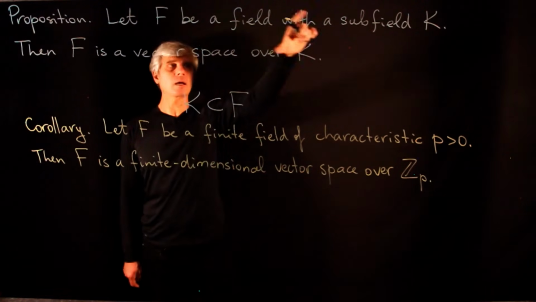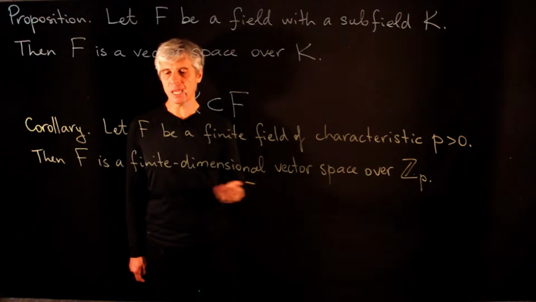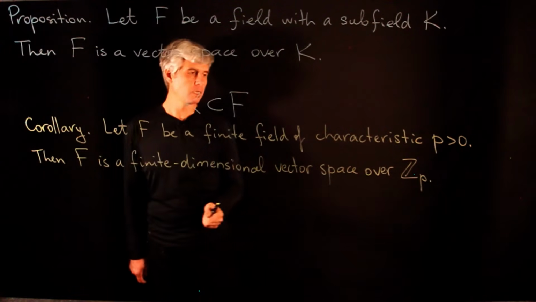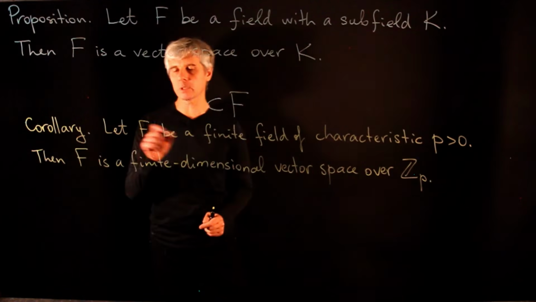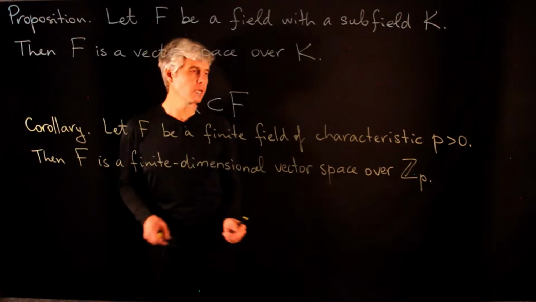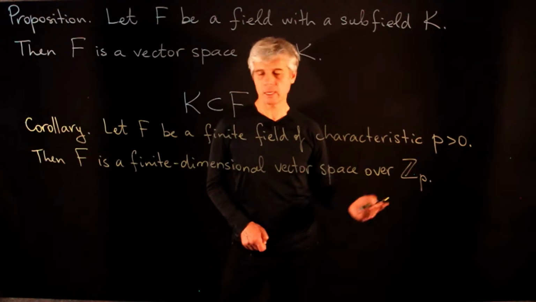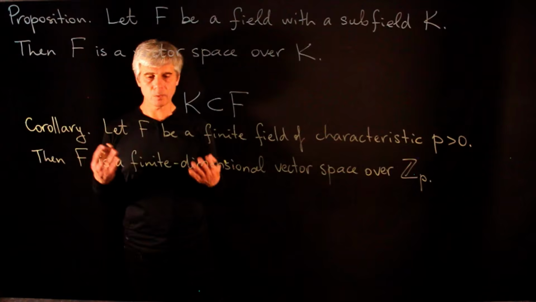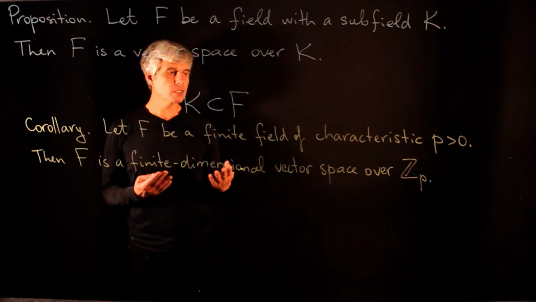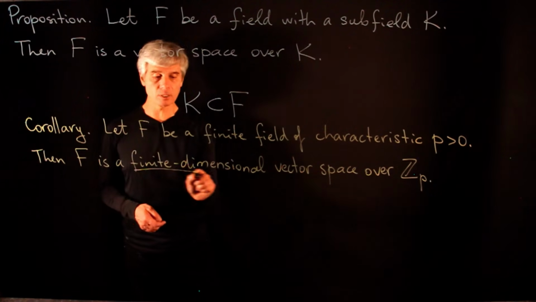And by this observation, this makes a finite field a vector space over Zp. So we just treat elements of a finite field as vectors and elements of Zp as scalars. And so we get a vector space structure. And this vector space is finite dimensional.